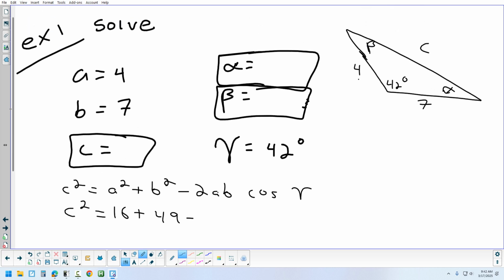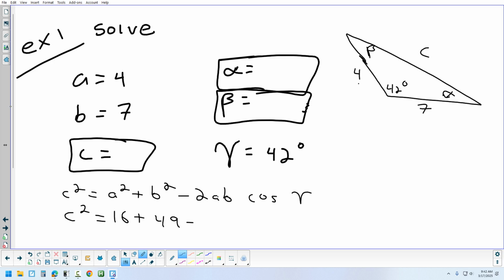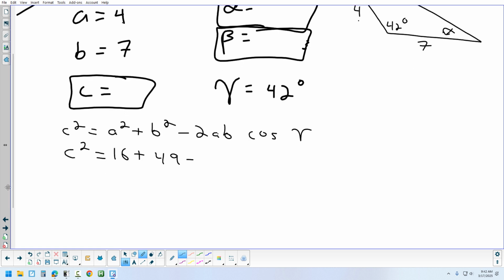Okay, 2 times A times B. What's 2 times A? Yep. 8. And then times 7? 56. Times cosine of, now you can fill in what they gave you, 42.